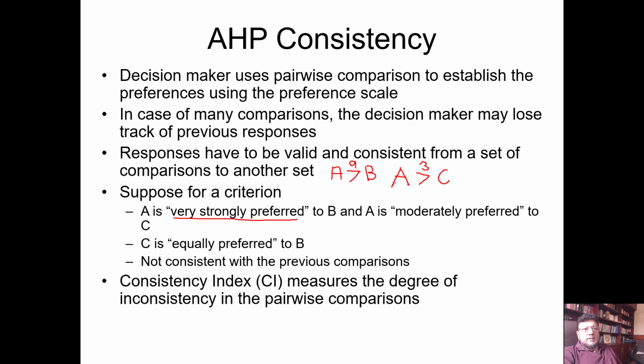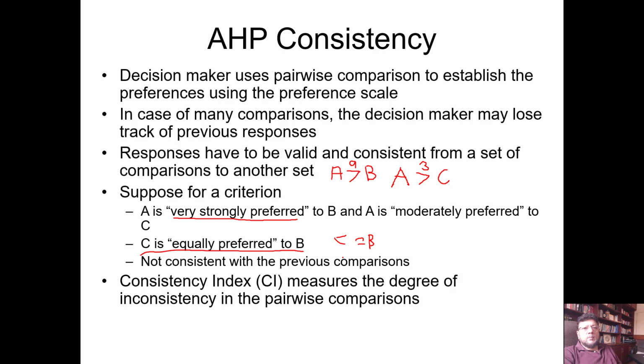Now, looking at these two, you can see that if A is very strongly preferred to B and A is slightly preferred to C, then C should be highly preferred as compared to B, right? But what we see here is C is equally preferred to B. So here we've done C is equal to B. So this is an inconsistency.